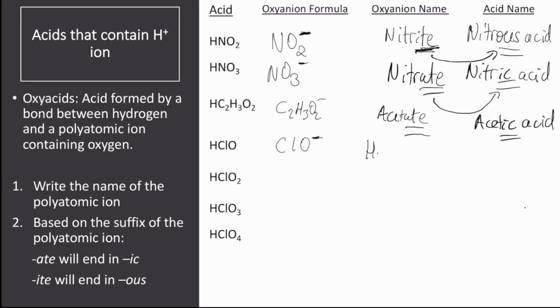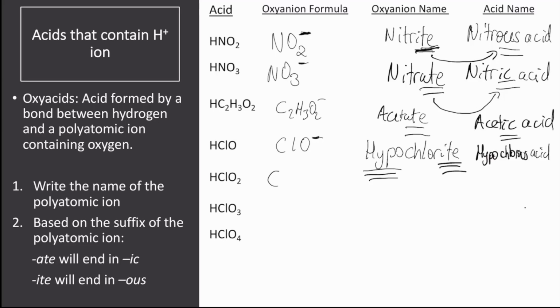Its name is hypochlorite. So we have the hypo prefix and the ite suffix. In this case, we keep the prefix and we only change the suffix. So hypochlorous acid.